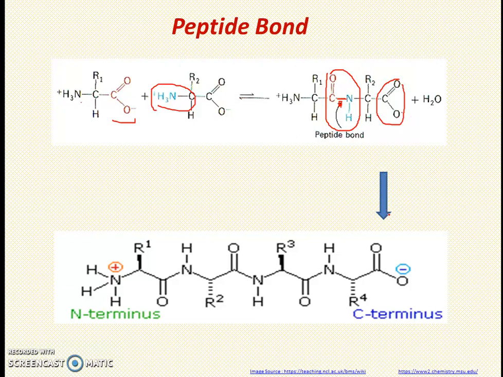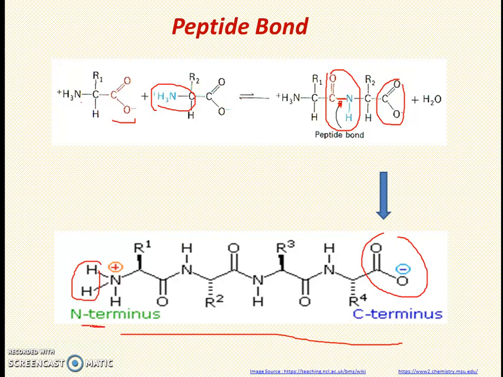When multiple amino acids are joined to form a polypeptide chain, it looks like this. It contains two ends, one end where the amino group is free, another end where the carboxyl group is free. This end is called the amino terminus or N terminus. This end is called the C terminus or carboxy terminus, where you can see the peptide bond CO and NH, which are oriented in opposite directions.